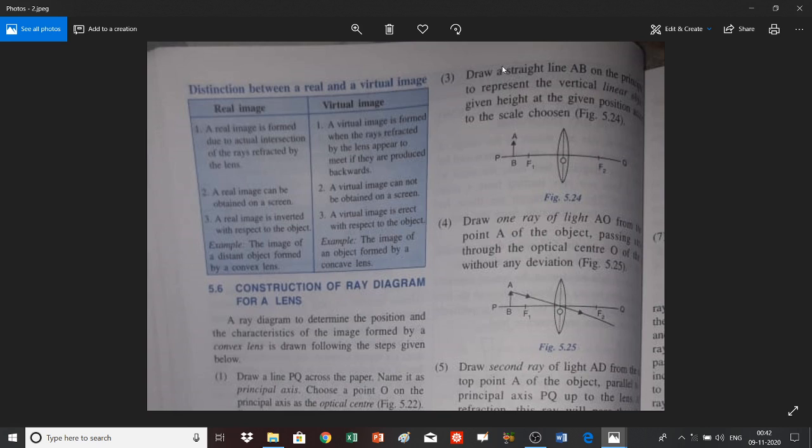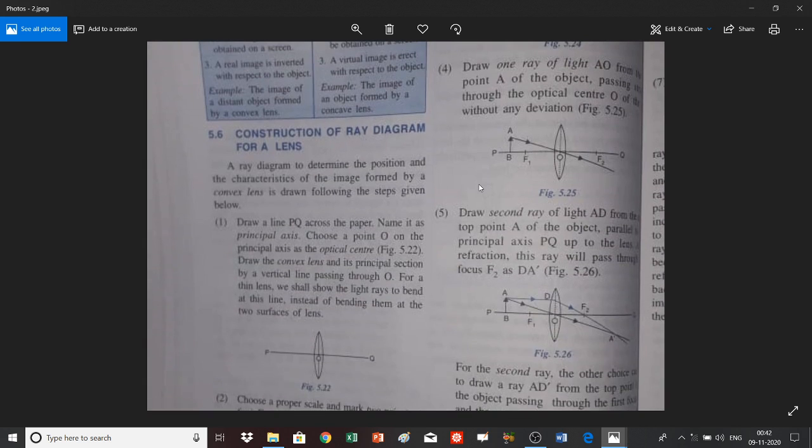Now draw the straight line AB on the principal axis, this is the principal axis, to represent the linear object, and the height is AB here. You can choose the height as you wish. So you have to draw the object AB on the principal axis.